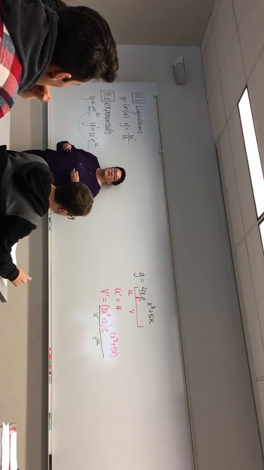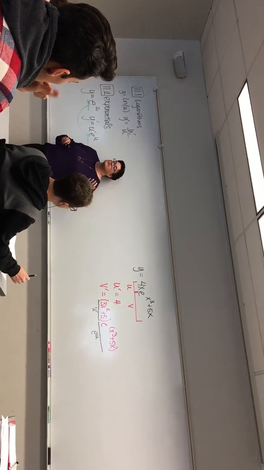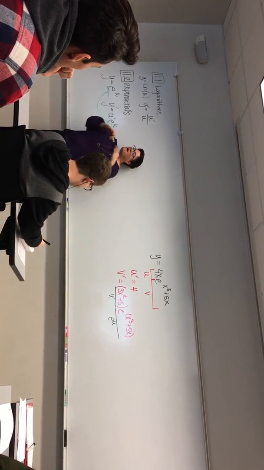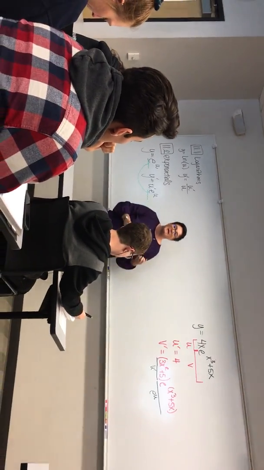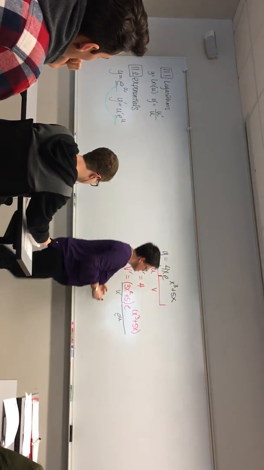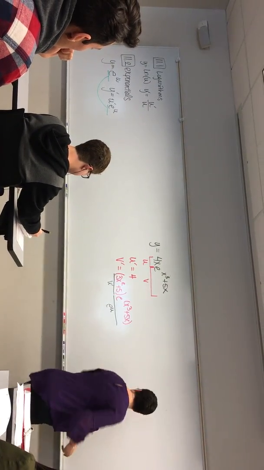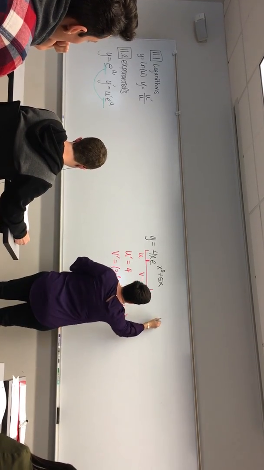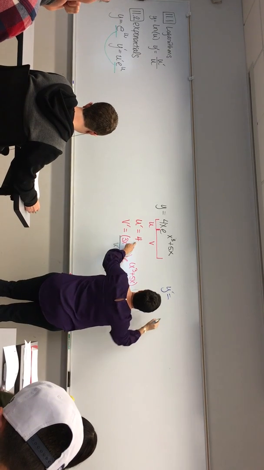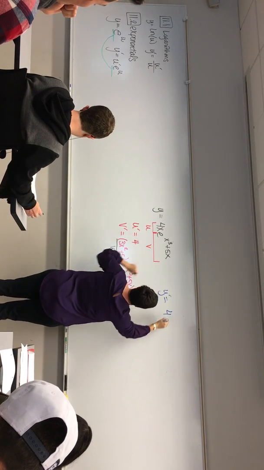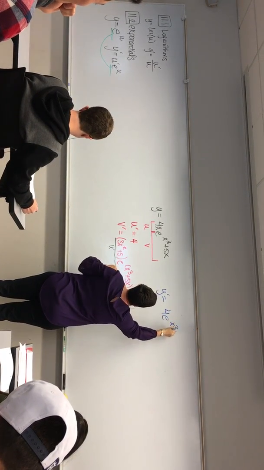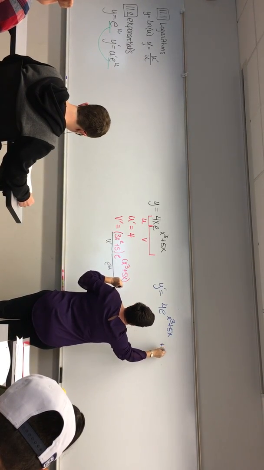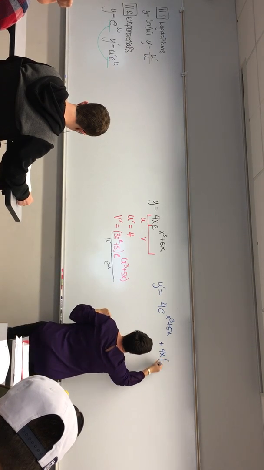Except now instead of products, quotients, and powers, we have products, quotients, powers, natural logs, and exponents. We have all that stuff mixed together, okay? So now we just plug and chug. So y prime is gonna be u prime times v plus u times v prime.